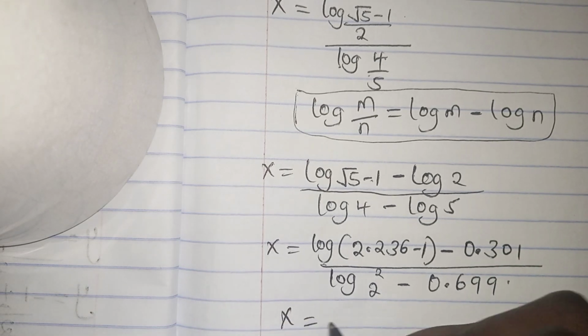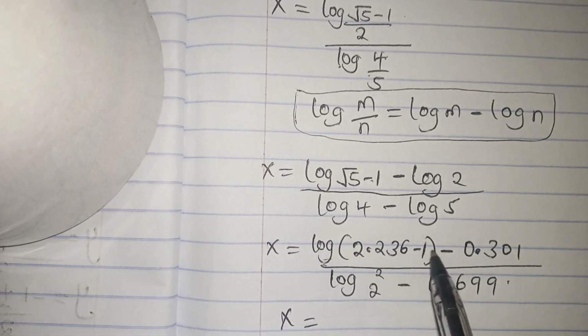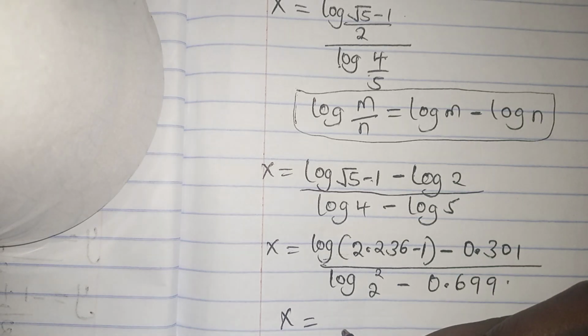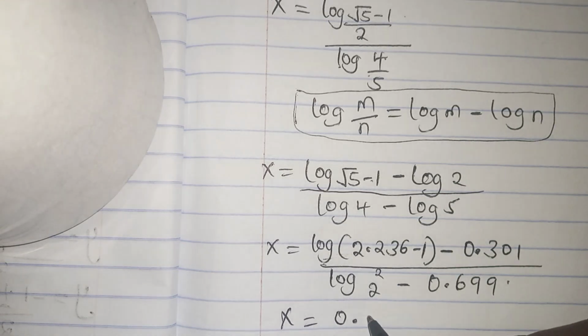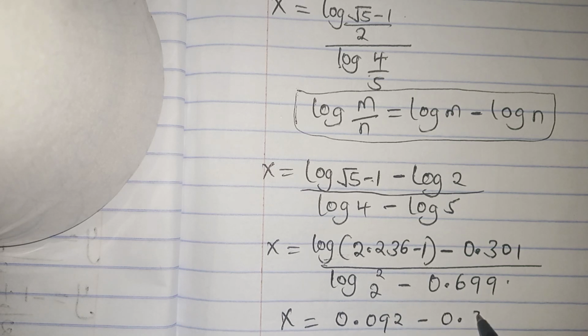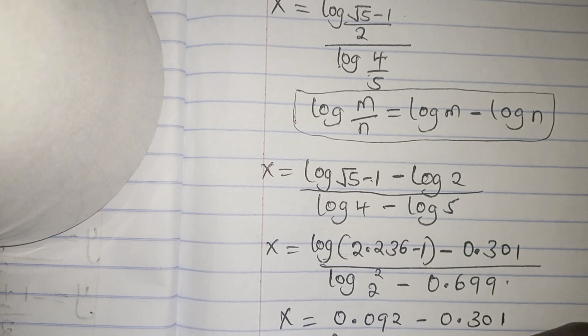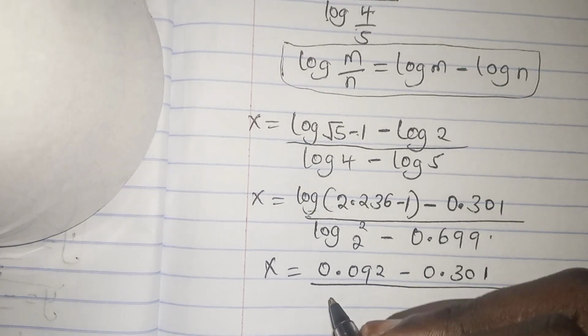So x is equal to, if you evaluate this, we are getting -0.092 minus 0.301, over 2 log 2 minus 0.699.